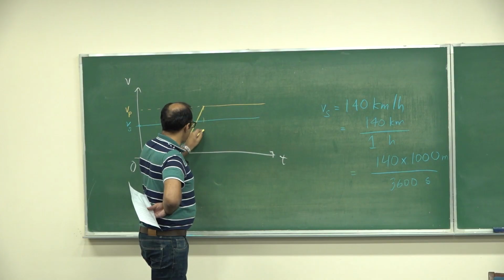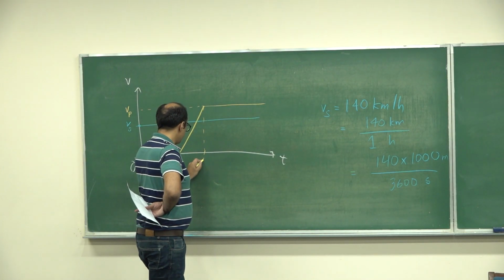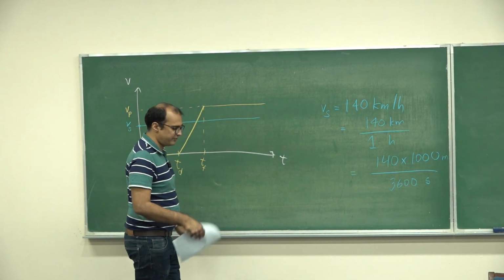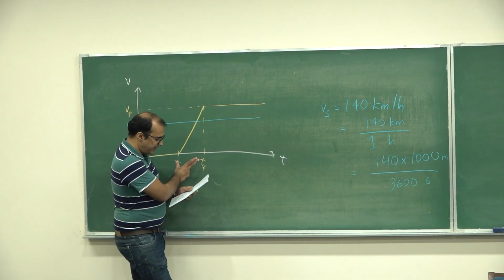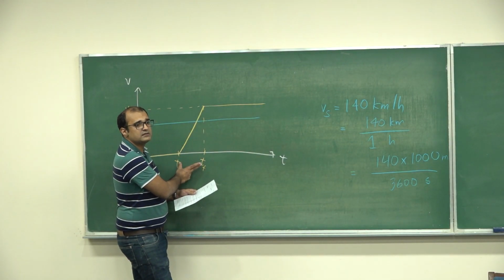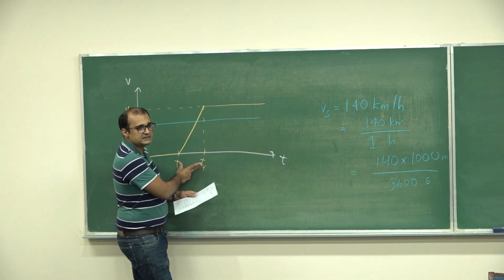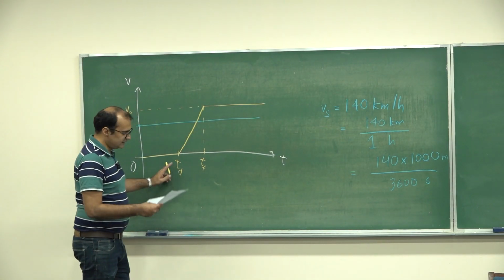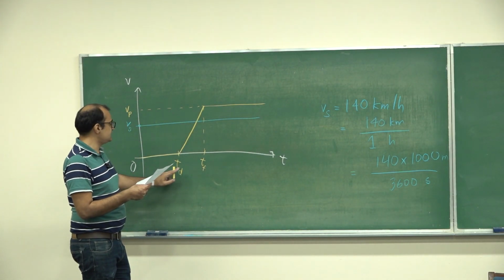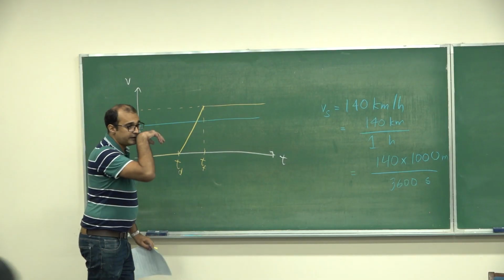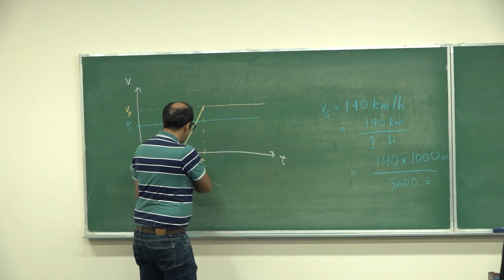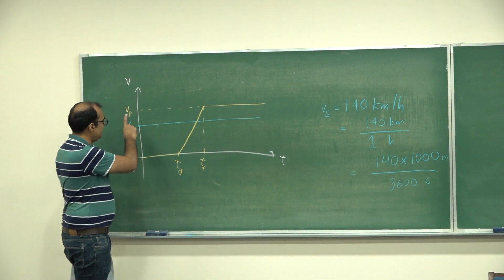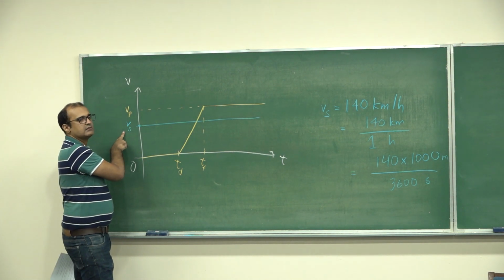Let's call this time Tf. We also know the value of Tf because Tf minus Td is 20 seconds. Knowing that Td is 15 seconds, Tf is 35 seconds. So you know Td, you know Tf, you know Vp, you know Vs.